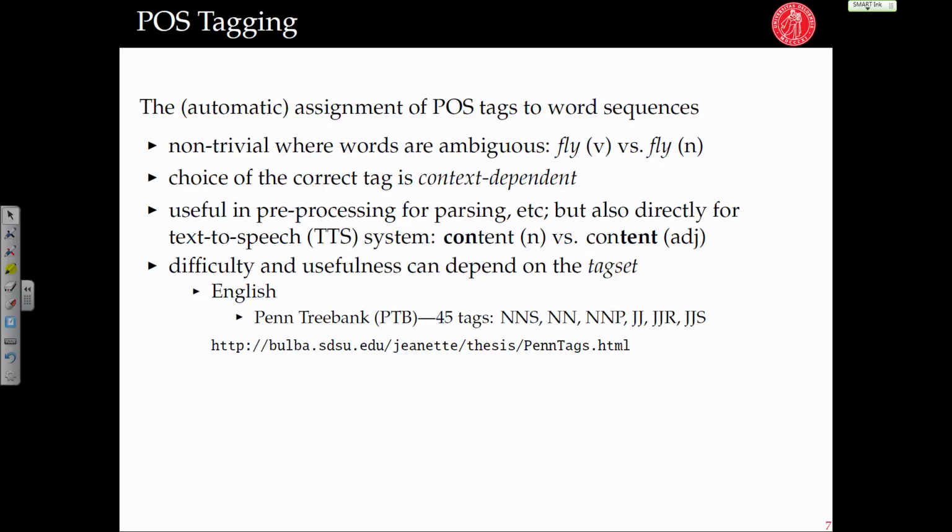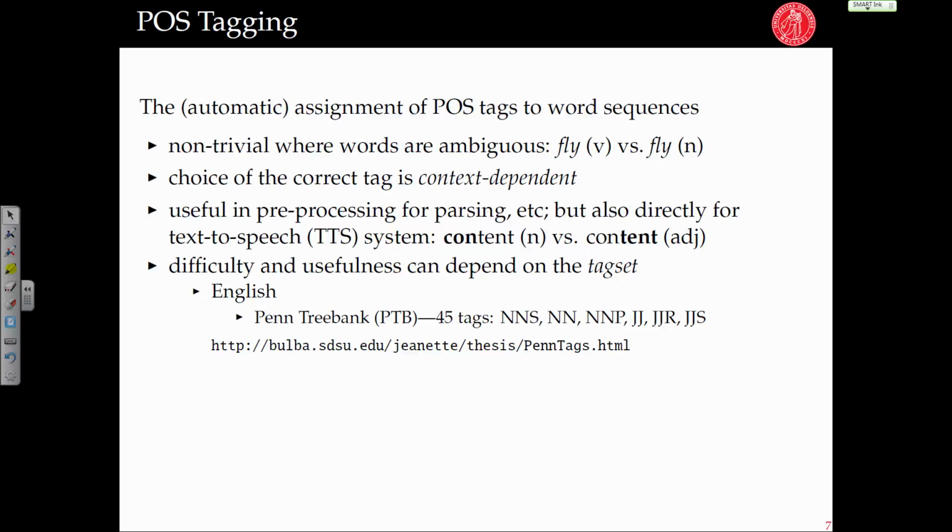In general, when we work with part-of-speech tagging, we will assume a set of part-of-speech tags. And in our case, we are going to assume the one introduced by the Penn Treebank, which is what you are using for the assignment already, I guess. It defines 45 tags. So this is our inventory of tags.